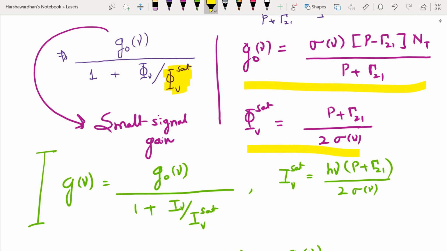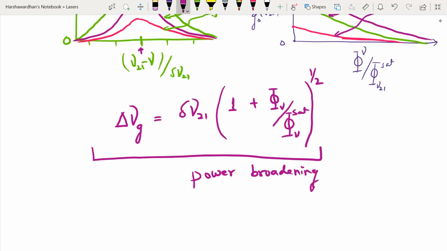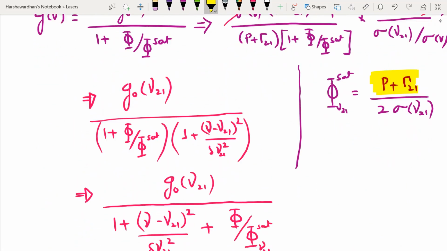The generic dependencies are very clear in the sense that, for example, the small signal gain is proportional to the scattering coefficient. Larger the scattering coefficient, greater is going to be your small signal gain. Similarly, larger the scattering coefficient, there is a strong coupling between the atom and the light, and hence it lowers the level at which saturation happens. One important thing to realize, which I did not mention, is that the phi saturation, the amount of intensity saturation or the photon flux saturation value, depends on the amount of decay in the system.